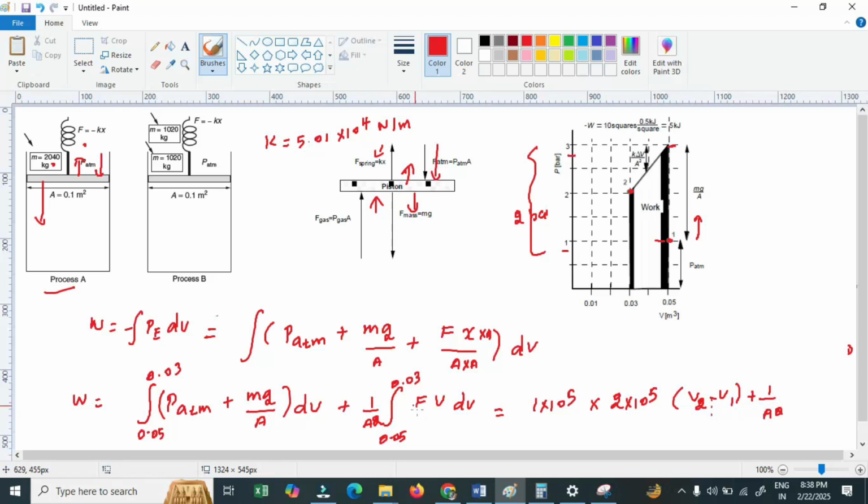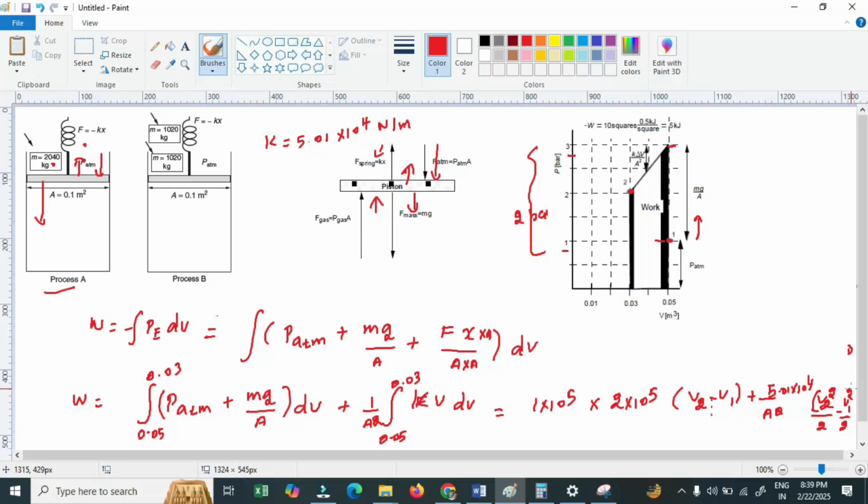We integrate, sorry, it is a K again, I made a mistake. K value, you know that it is 5.01 into 10 power 4, and here V2 square divided by 2 minus V1 square divided by 2.